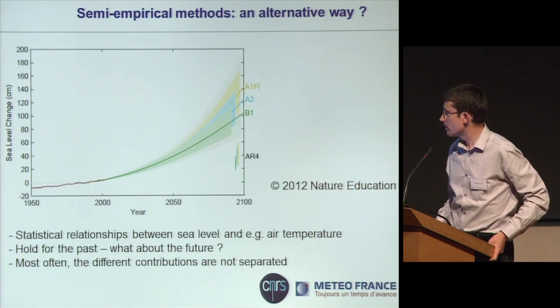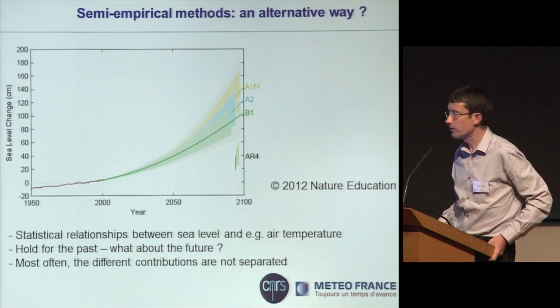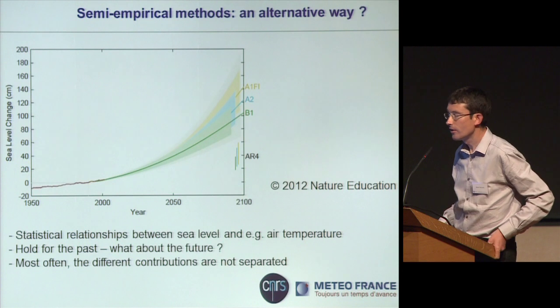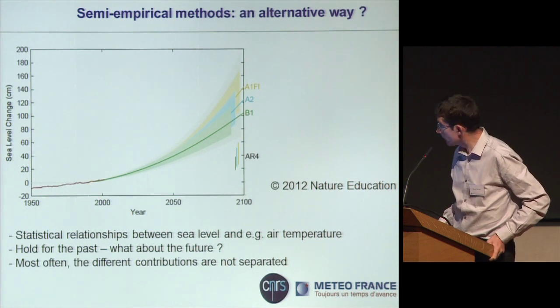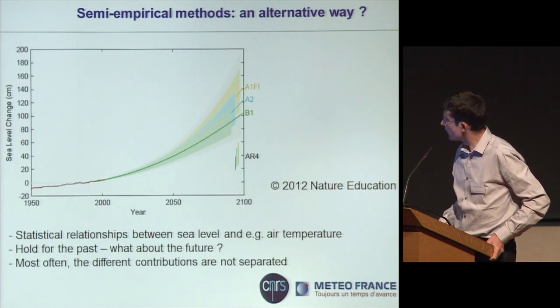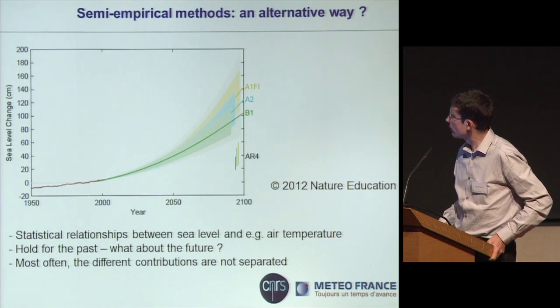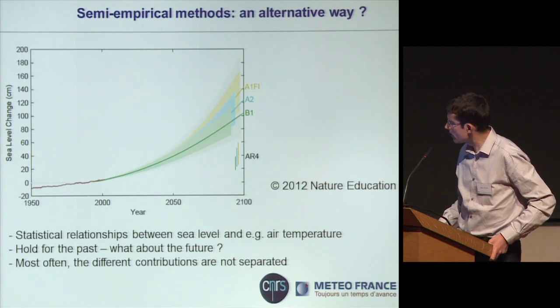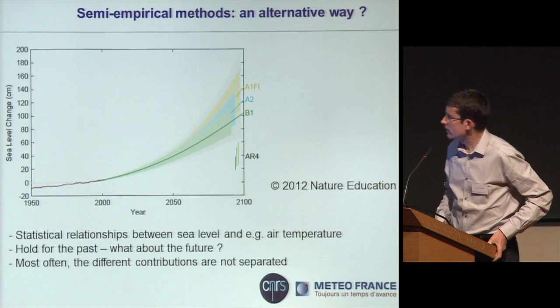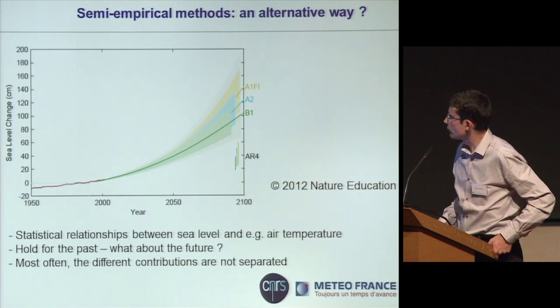Especially, it depends on what the learning period is. If the learning period is as short as 50 years in the 20th century, for example, it's due to the numerous non-linearities in the climate system that form the future sea level rise. It's somewhat risky to extrapolate that for the future.